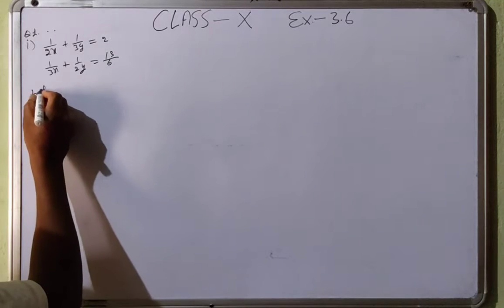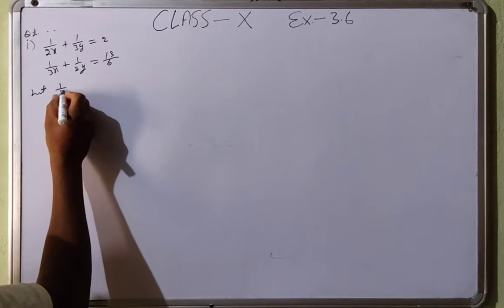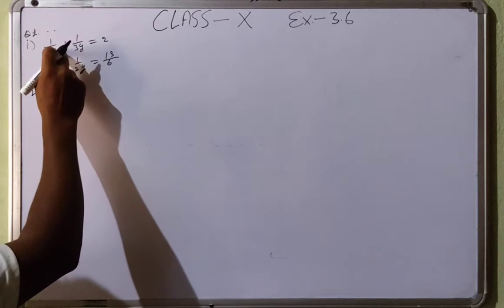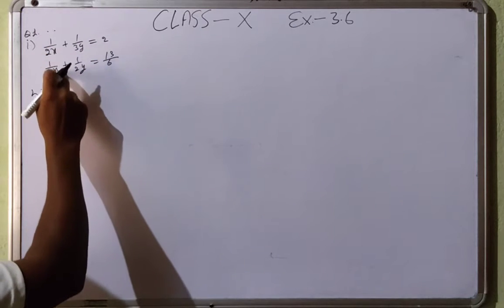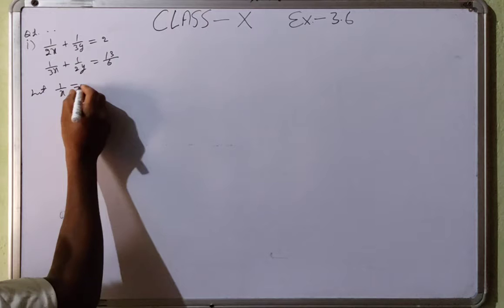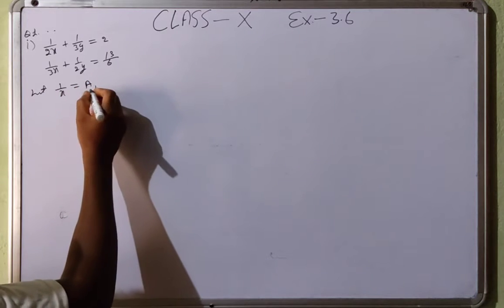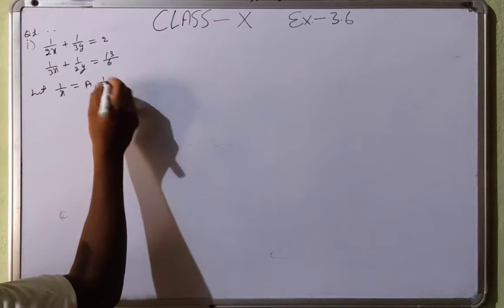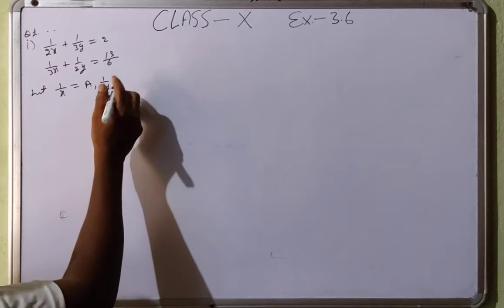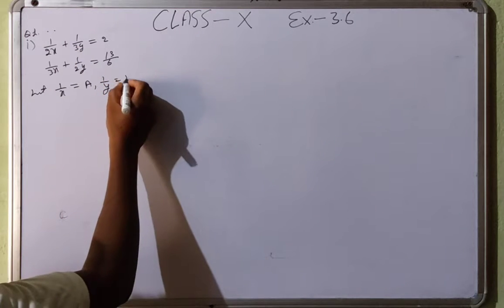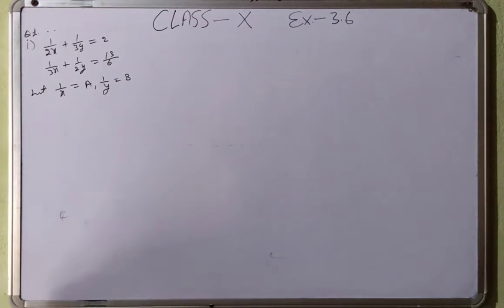Let 1 upon x, which appears in both places, be a, and 1 upon y be b. This is the reducing method.